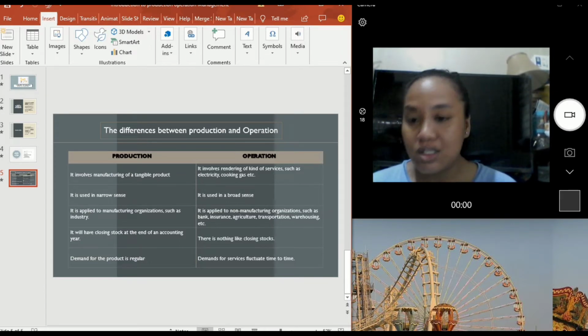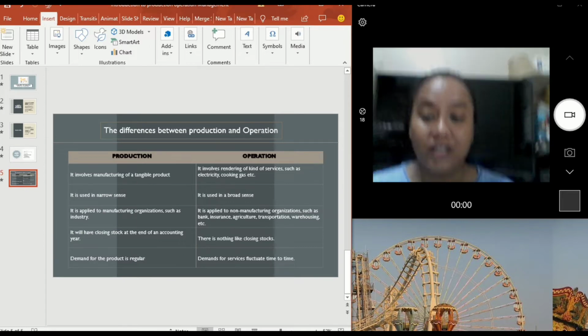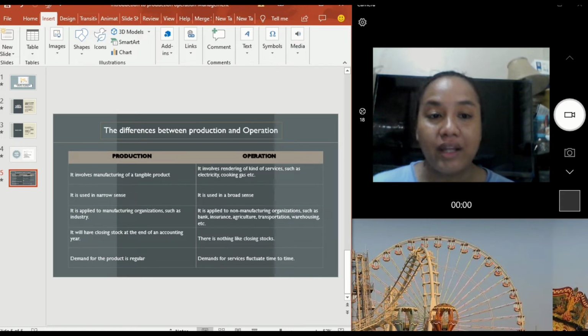And for the last one, demand for product is regular. For the production, again, demand for product is regular. For the operation, demand for services fluctuate time to time.